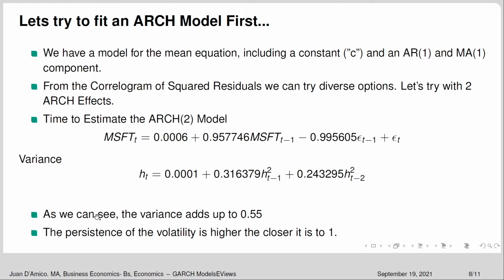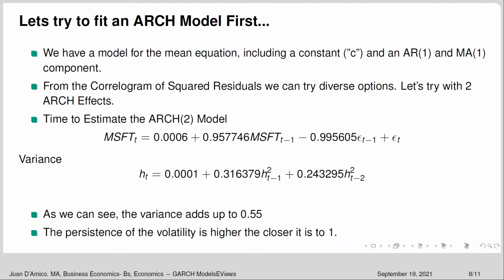And you can see that if we add up these two terms, we get 0.55. 0.55 is smaller than 1, so we are fine. This model satisfies the requirements that we had established at the beginning. The variance adds to 0.55, and what you should know is that the closer this value is to 1, the higher the volatility is going to be.